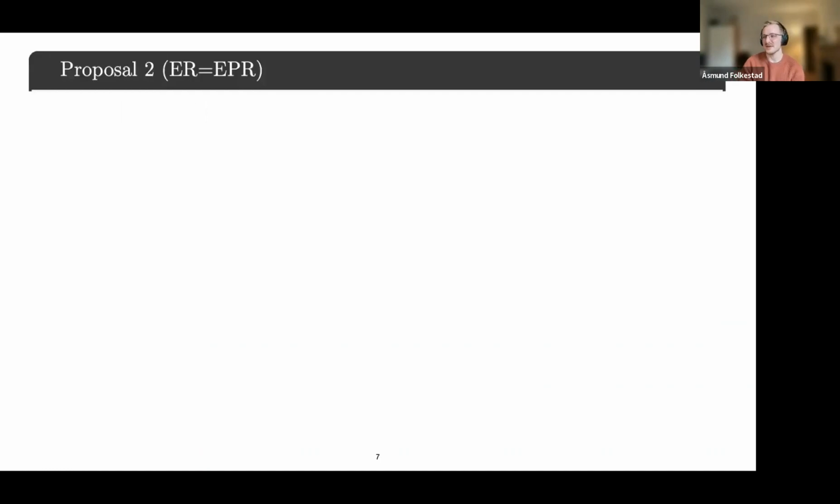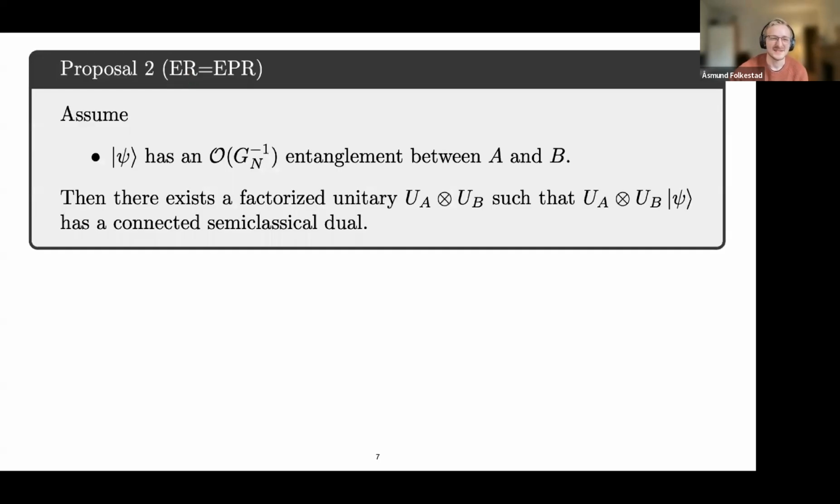So let's make a different proposal, which I'm going to give the name ER equals EPR. Assume again that psi has an order 1/G_Newton entanglement between A and B. Then there exists a factorized unitary, U_A times U_B, such that the resulting state has a connected semi-classical dual.